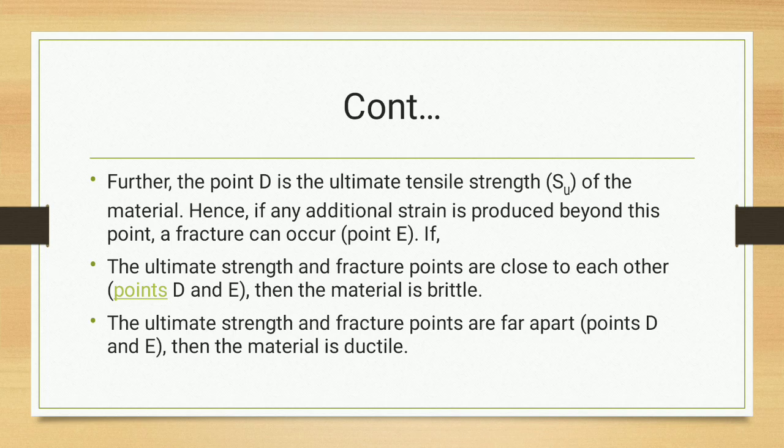If the ultimate strength and the fracture point, D and E, are close to each other, then the material is called brittle. If the ultimate strength and fracture point are far apart, then the material is ductile.